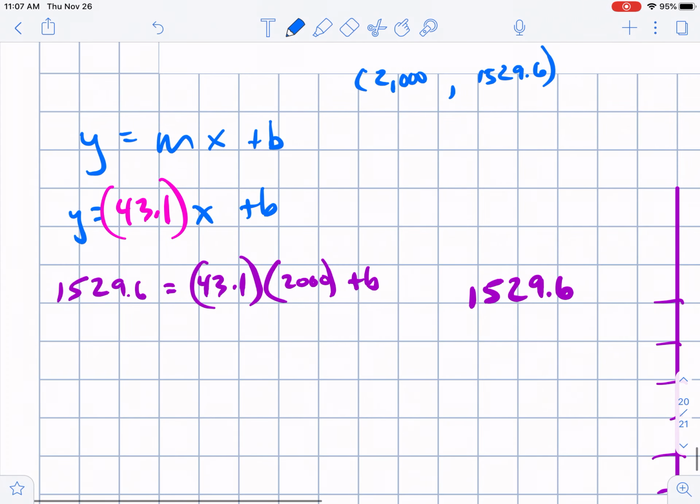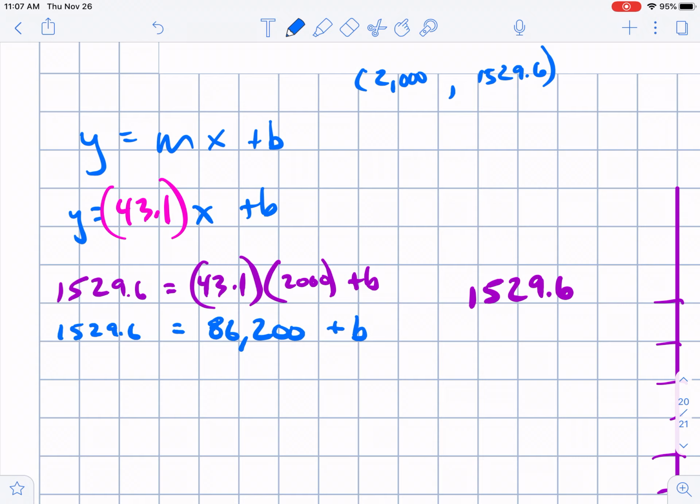We continue. 43.1 times 2,000 is 86,200. So 1529.6 equals 86,200 plus b. Again, 43.1 is our slope.